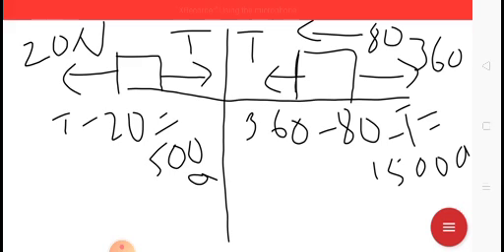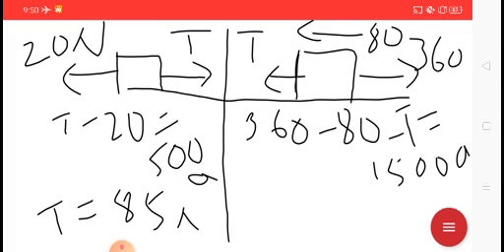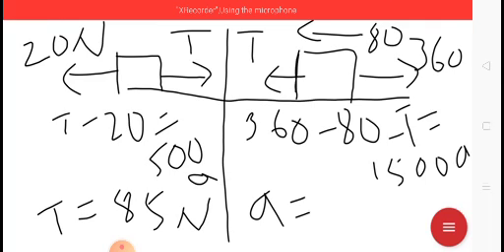Whichever side you want to use to substitute into the other side is no issue. So solve it simultaneously. You will get that T is equal to 85 newton and A is equal to 0.13 meter per second squared.